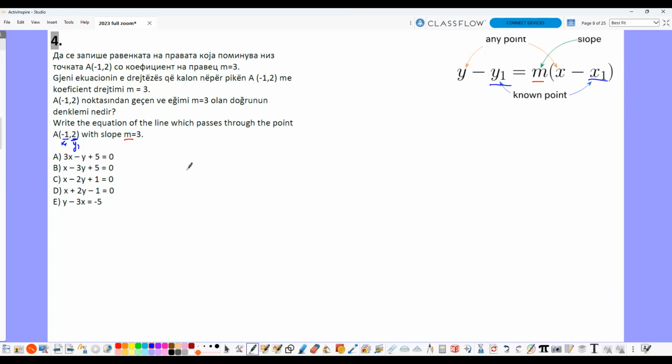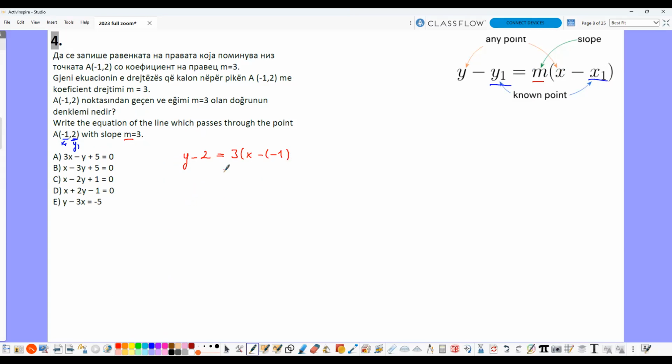So with respect to this formula, I'm going to try to find the equation of the line from this given information, which is y and x. Yes, y and x, they are general terms. Y minus y1, which is equal to 2 here, is equal to m, which is 3 here, times x minus x1, which is equal to minus 1.